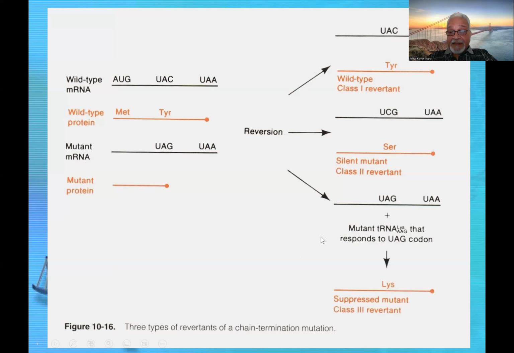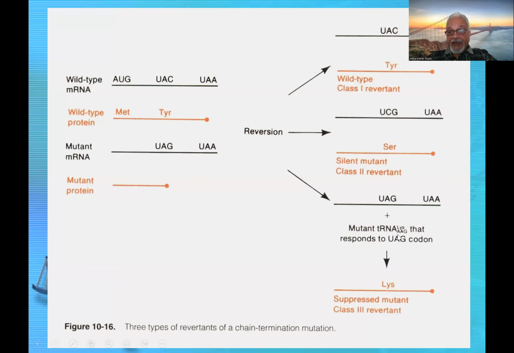Now, the third type is, what is happening? The original mutation stays, okay? That is UAG is there. This is the mRNA, but there is a mutation in the second gene. That is a mutation in the second gene, and what gene? That is the tRNA gene. The tRNA gene for the lysine amino acid, which has the anticodon for this amino acid.